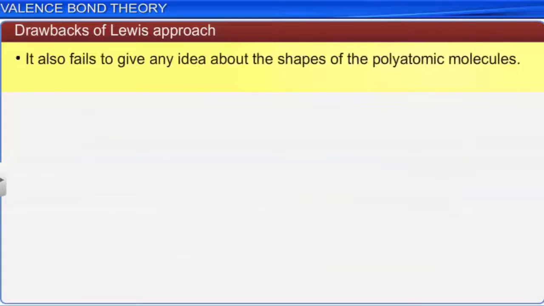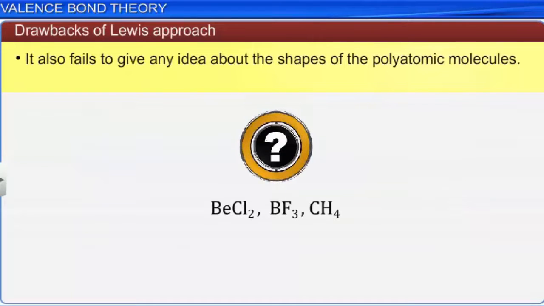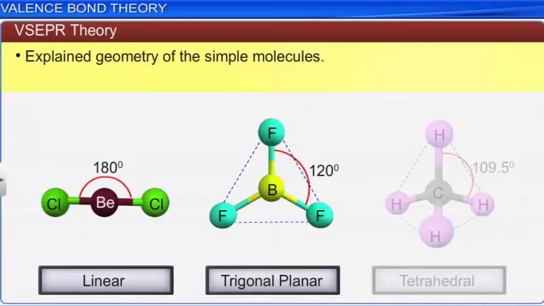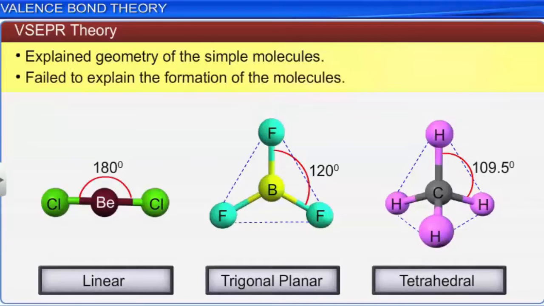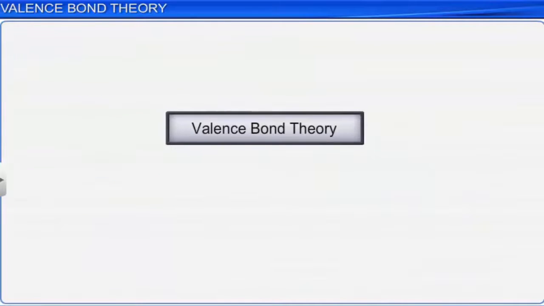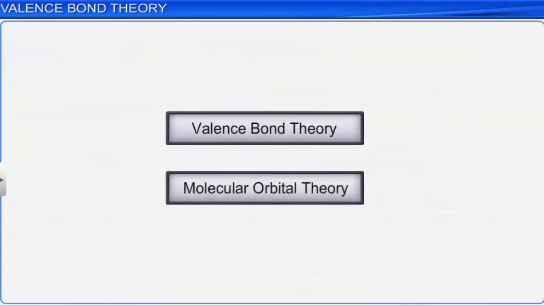It also fails to give any idea about the shapes of polyatomic molecules. The VSEPR theory, on the other hand, gives the geometry of simple molecules but fails to explain their formation. To overcome these limitations, the valence bond theory and the molecular orbital theory, which are based on quantum mechanics, were introduced.